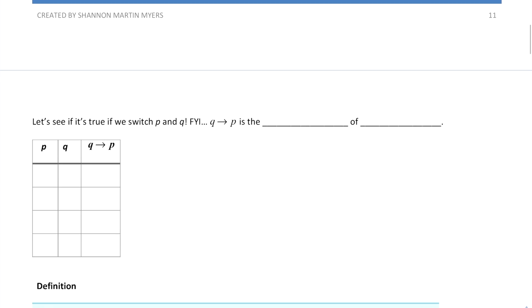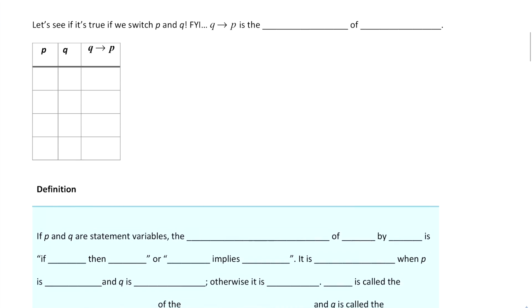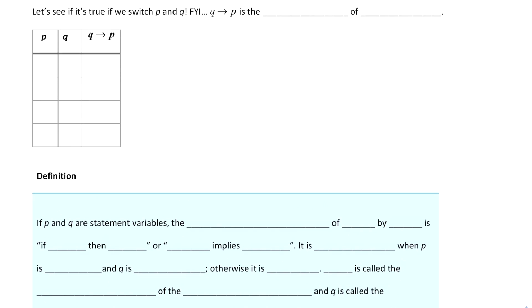All right, so what happens if we were to switch P and Q in that last statement? Let's check it out. This here is all the same. And we have to look at it the other direction now, because this is saying that Q is the conditional and P is the conclusion.